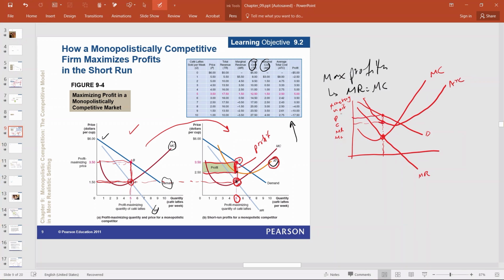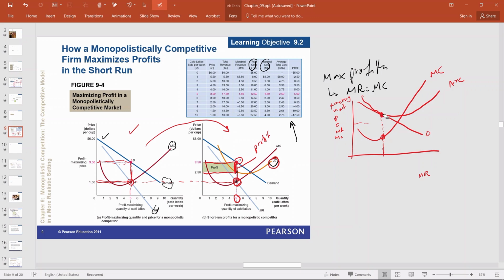but I want to make it a break even, so I remove this. And then draw average total cost to be tangent to the level where price equals average total cost at this area.